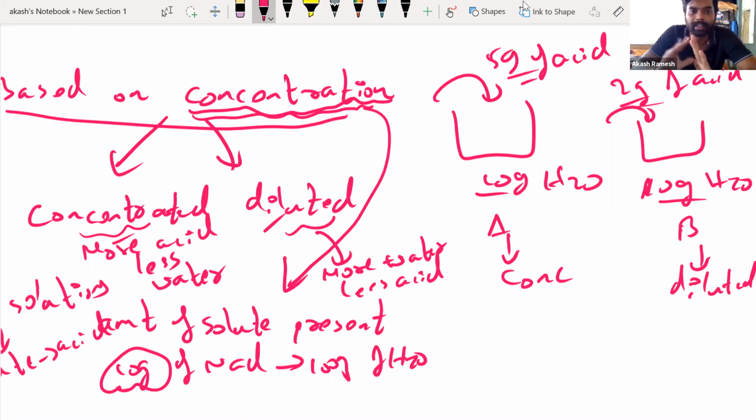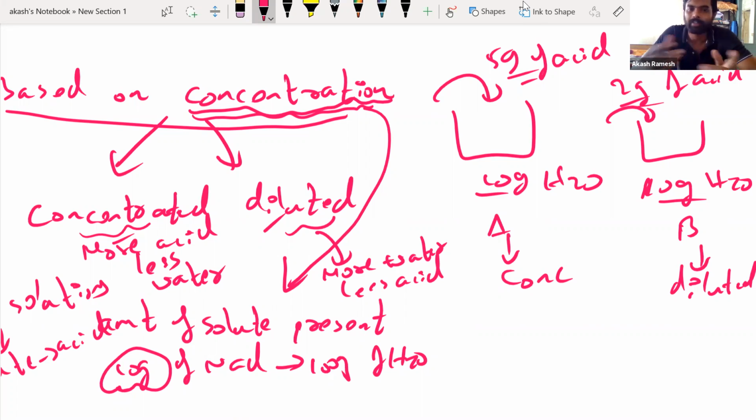Concentrated and dilute only talk about the relative amounts of acid and water present in the solution. But in case of strength, that is strong and weak acids, you know what the criteria is? The criteria is extent of dissociation. So strong acids, weak acids, concentrated and dilute acids are not connected. They are two different things.